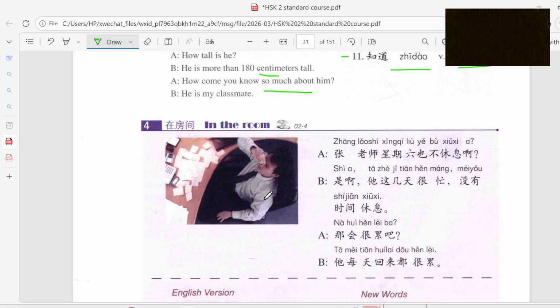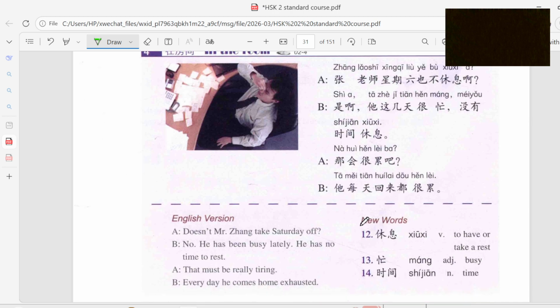Let's continue. So here it says 休息. Okay, this is very interesting. 休息, to have or take a rest, take a break.